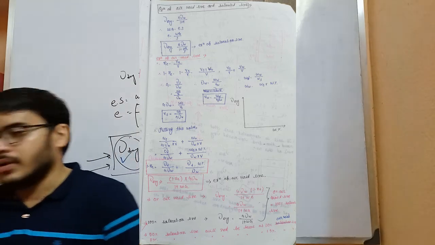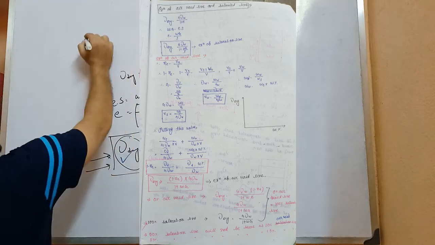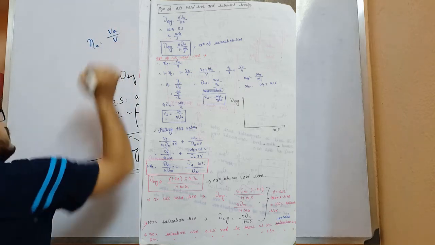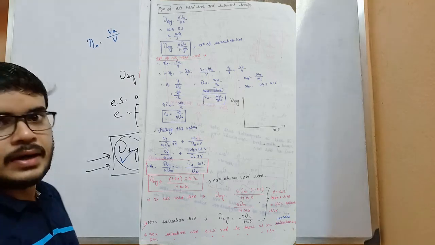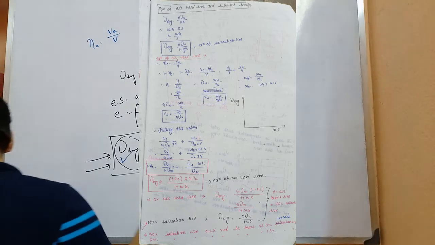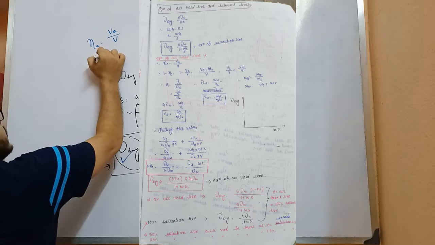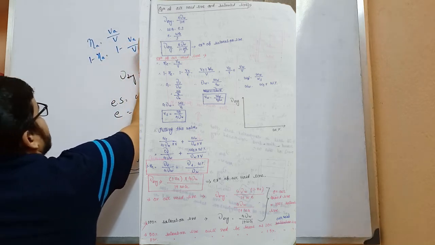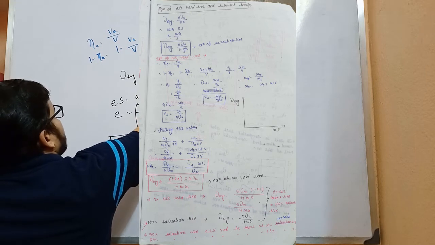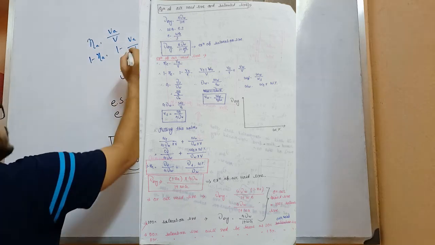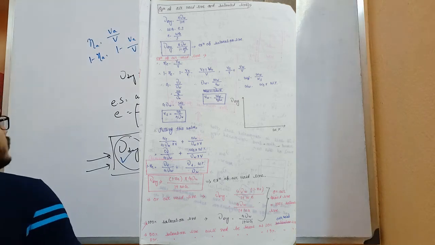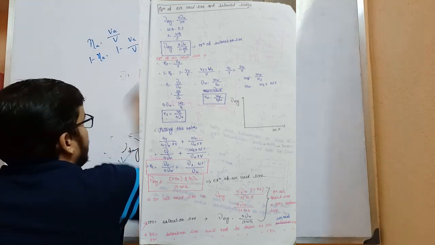And the next equation is the equation of air void line. As you all know, air void content eta A equals VA by V, volume of air by total volume. Now 1 minus eta A equals 1 minus VA by V, that means (V minus VA) by V. That means when from the total volume we remove the volume of the air, what will be remaining?